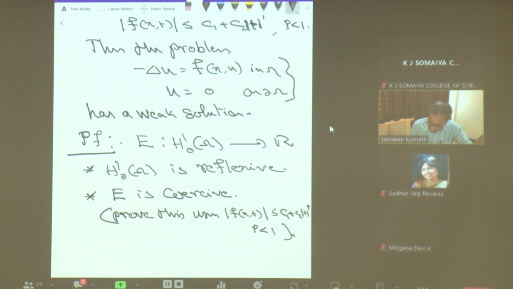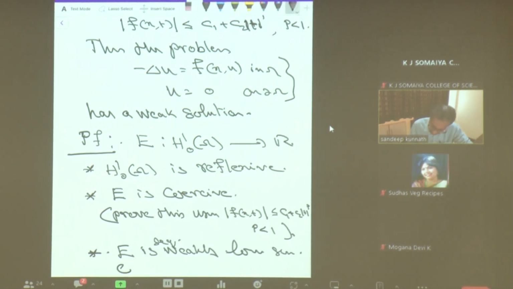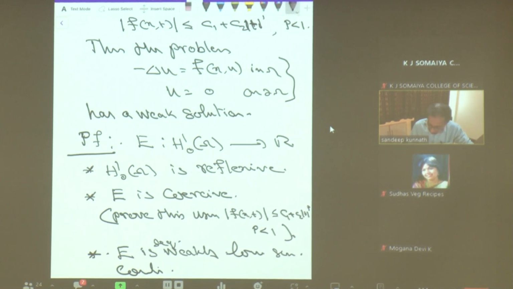And then E is sequentially weakly lower semi-continuous. For that, you need some inequalities in Sobolev spaces.